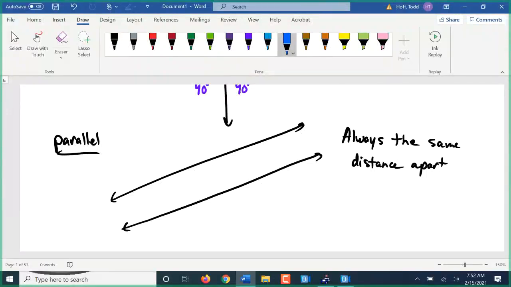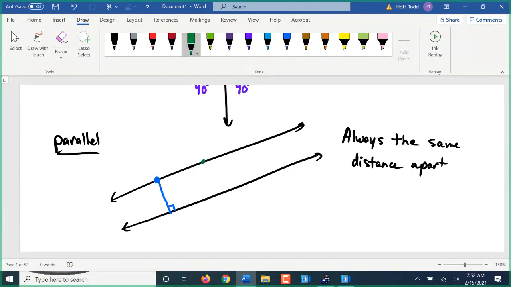Now, to measure the distance between two lines, technically what you're measuring is the distance between a point on one line and the other line. So if I pick a point on one line, measure the distance to the other line, it has to be measured at a perpendicular. So it has to be from that point to the other line at a right angle to that other line.